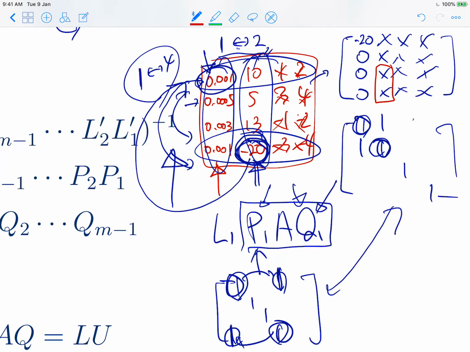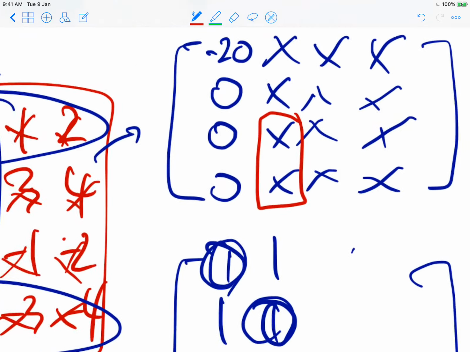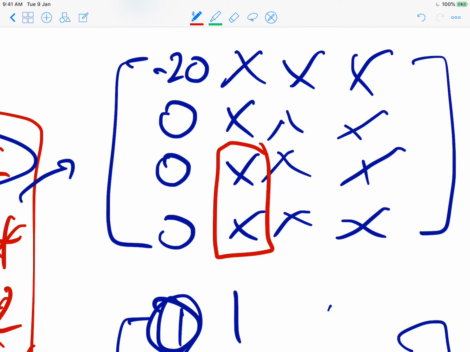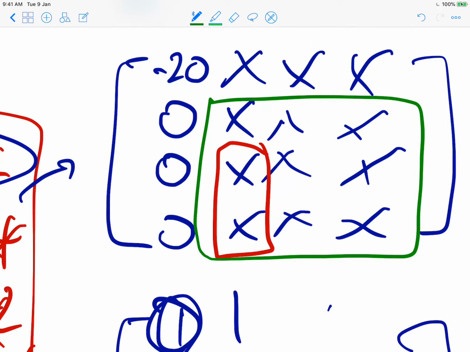Okay, so if we generalize this scenario, then the matrix that we consider is this submatrix. Once we obtain this intermediate upper triangular matrix, we look at the submatrix when excluding those two rows and columns.